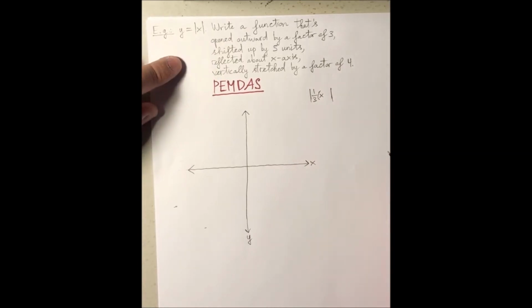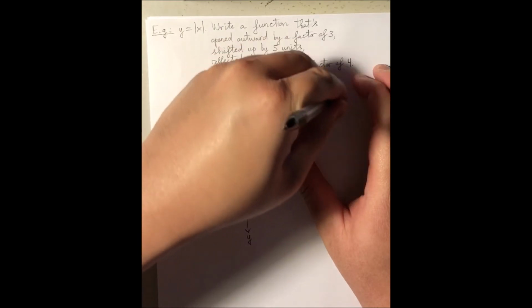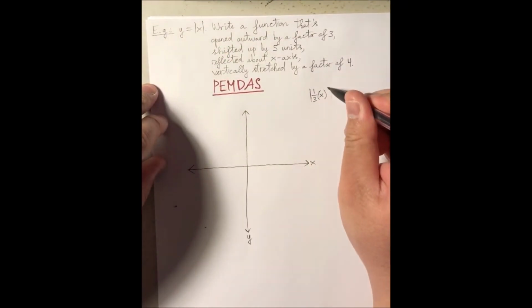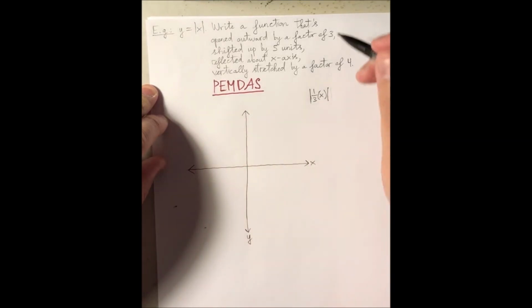And since we are not translating left or right, inside the absolute value will just be 1 over 3 times x, just like that. So that PEMDAS step is done.